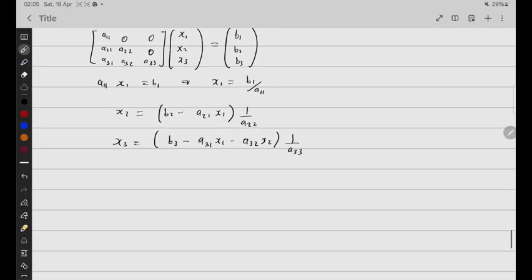So you find that we can have a general algorithm on how we are to compute solutions given that our A is a lower triangular matrix.